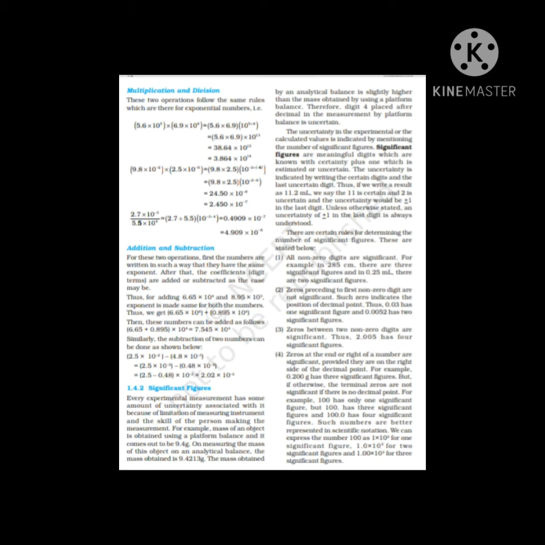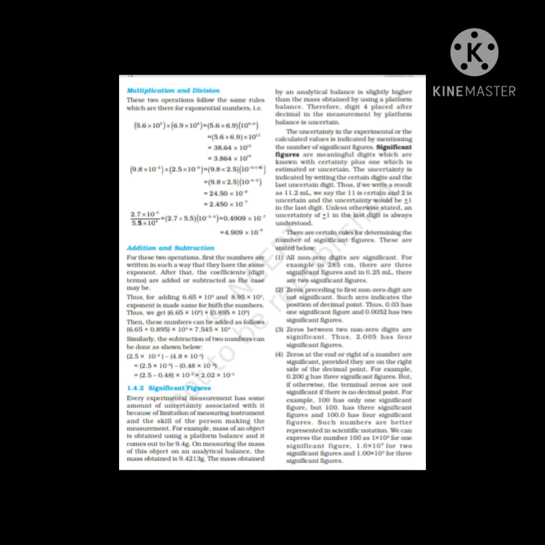Zeros at the end or right of the number are significant provided they are on the right side of the decimal point. For example, 0.200 gram has 3 significant figures, but otherwise the terminal zeros are not significant.